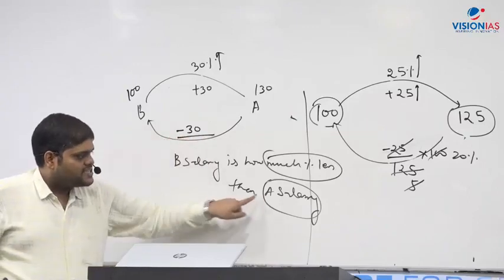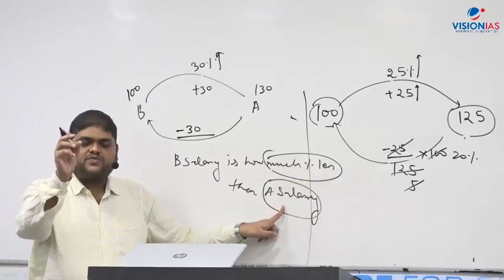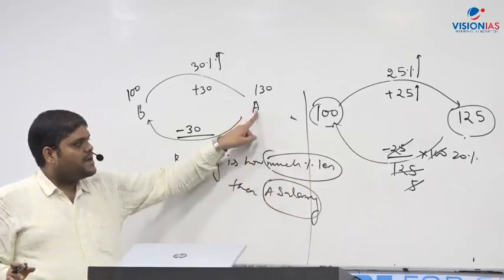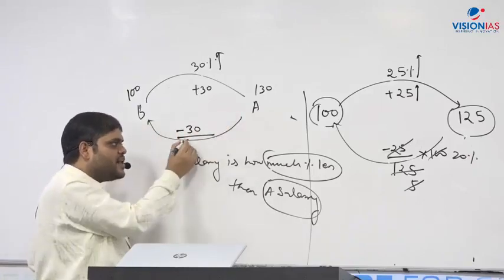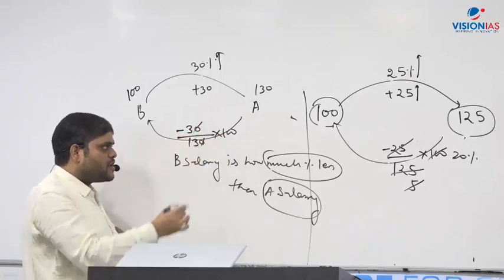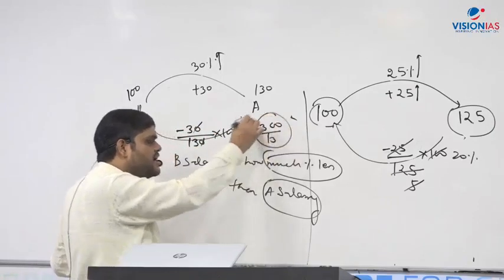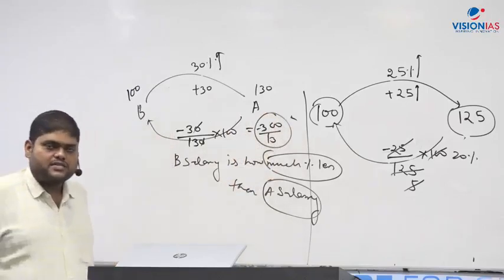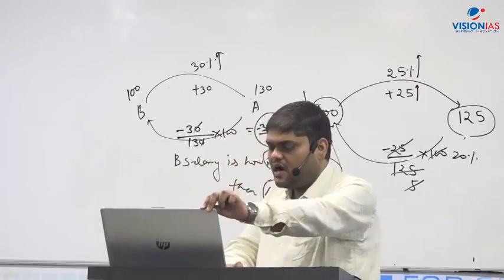It is percent less than A's salary, that means we are comparing with A. So A becomes the initial value. So (final value minus initial value) upon initial value into 100. This becomes minus 300 upon 13. You will solve, you will find out your answer.